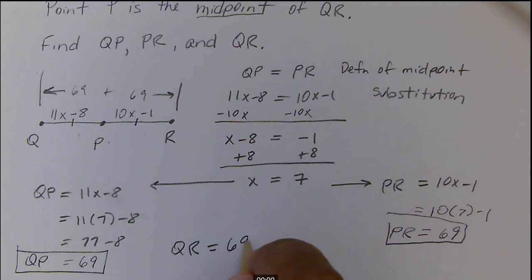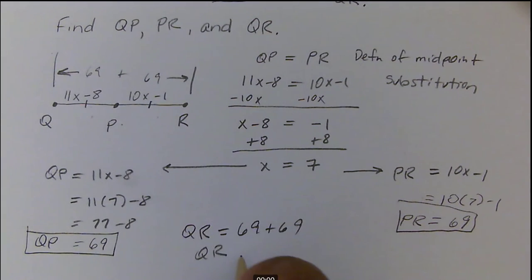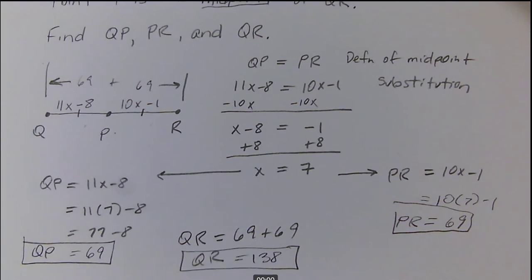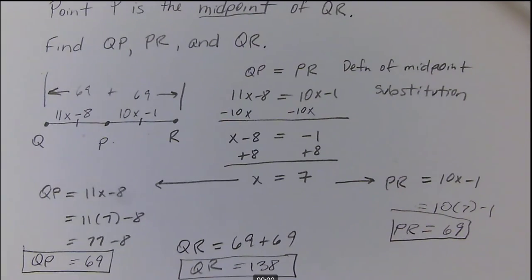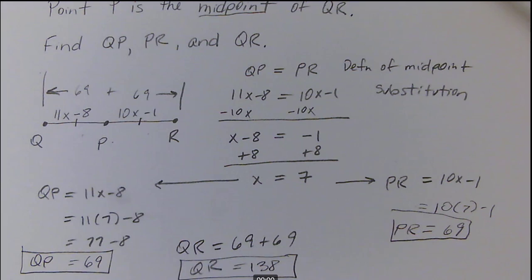QR is equal to 69 plus 69. QR is equal to 138. Let's just make sure you get that. And so we were able to find, using the definition of a midpoint, the lengths of QP, PR, and QR.